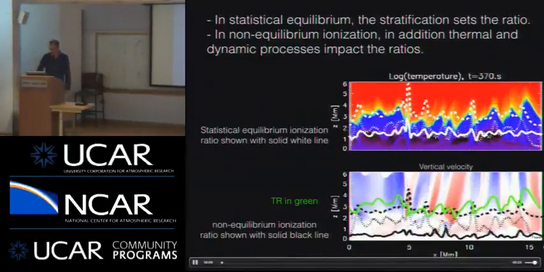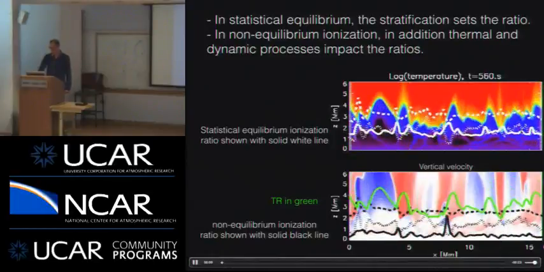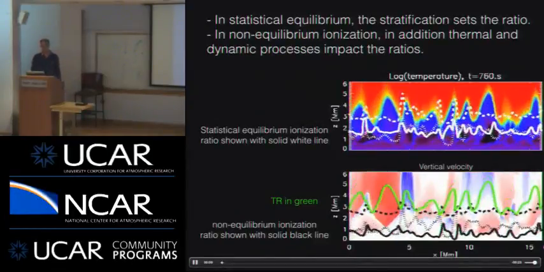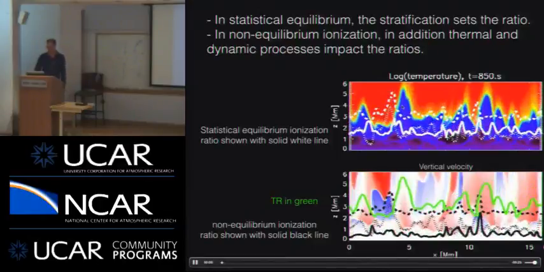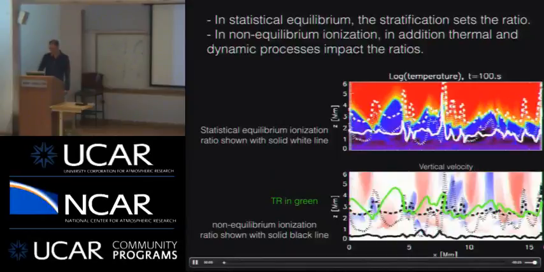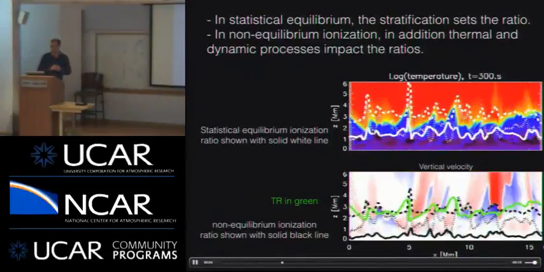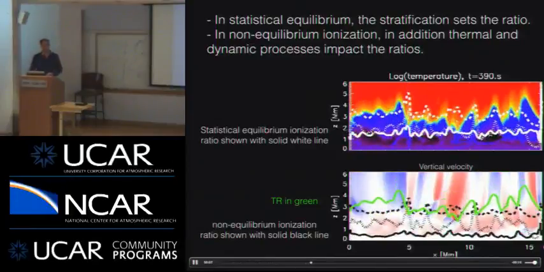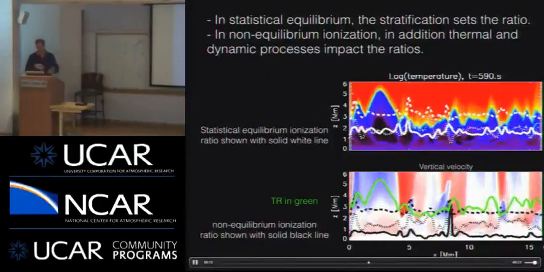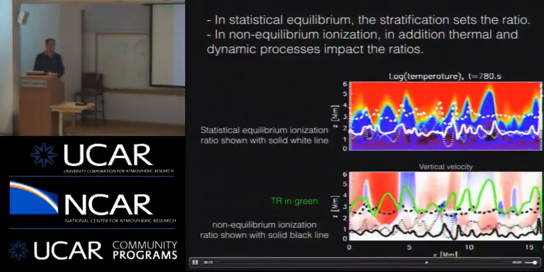The other thing is that for the statistical equilibrium, the increase in the ratio happens to be located at the boundaries of these speckles that we have almost everywhere in this kind of simulation. This is because the transition region at the lower temperatures gets expanded to a wider range of heights, which produces more emission in silicon, but not in oxygen.